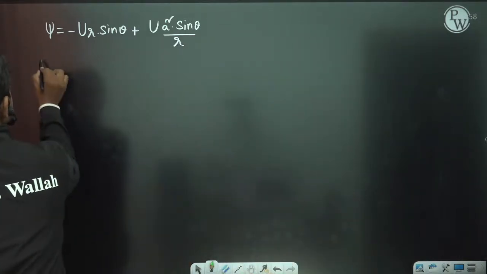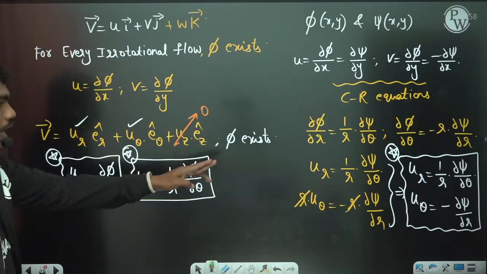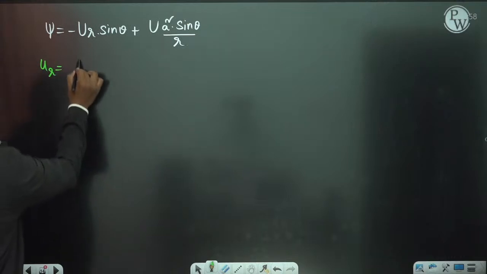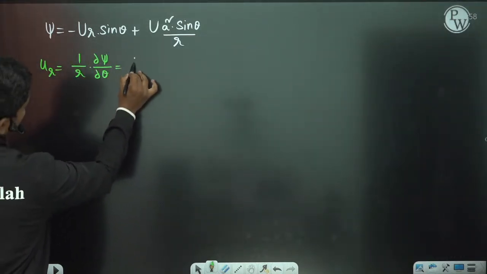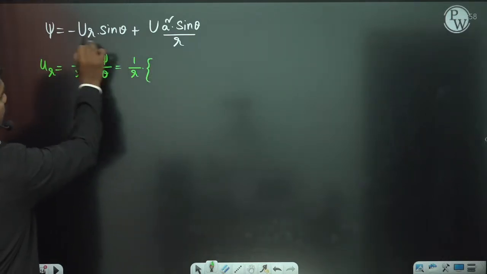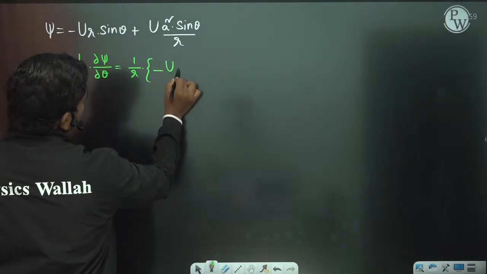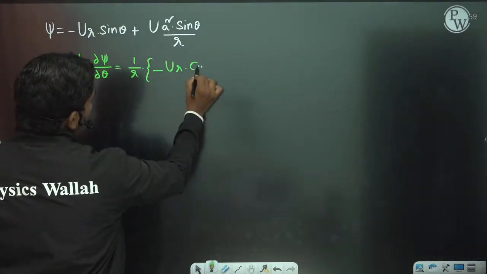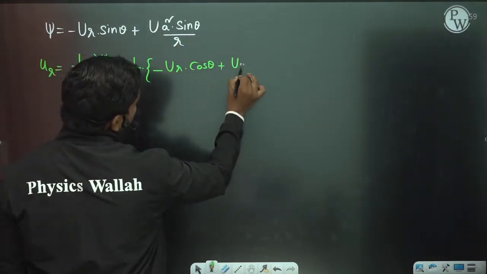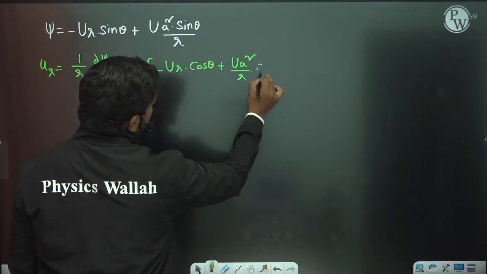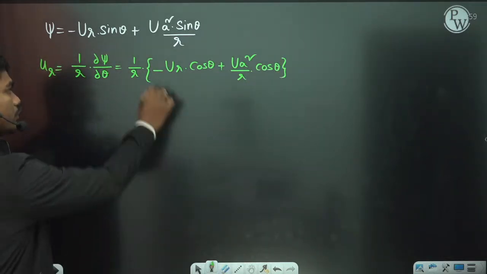See here. If you want to calculate the radial velocity at any radius and angle, u_r is given by (1/r) times ∂ψ/∂θ. Let us see what this value is. If you differentiate this with respect to θ partially, the minus U r stays as it is, and the derivative of sin θ is cos θ, plus U a² by r stays as it is, and the derivative of sin θ is again cos θ.